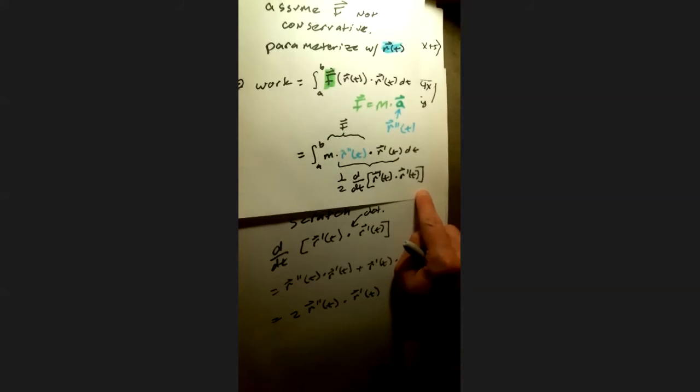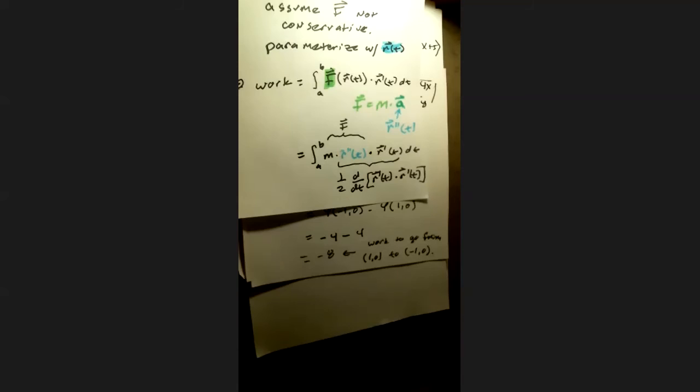Questions about this? Where do we get the half from? The half is coming to counteract the 2 that was out front in our scratch work. Got it. Good question.